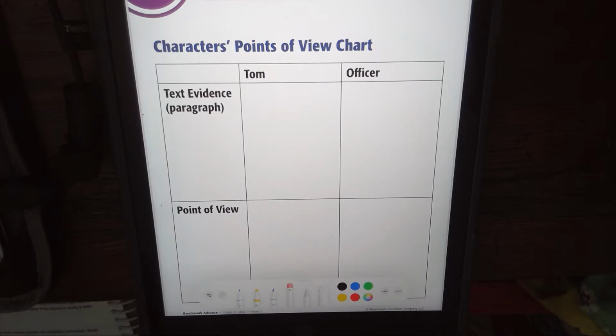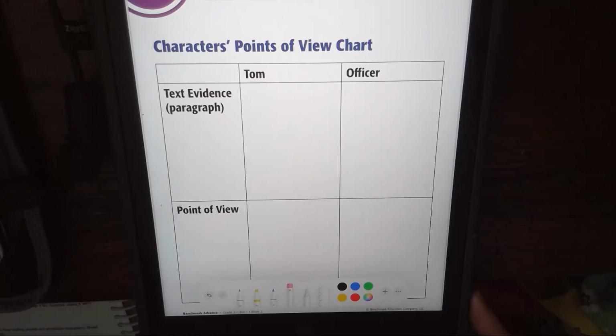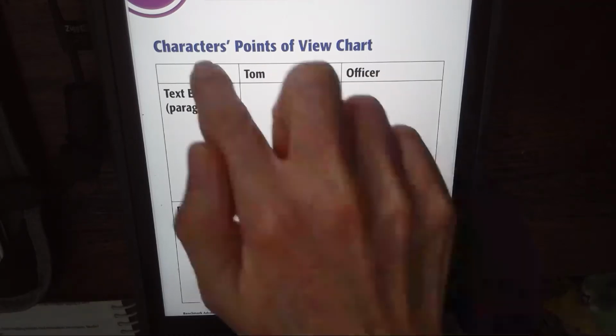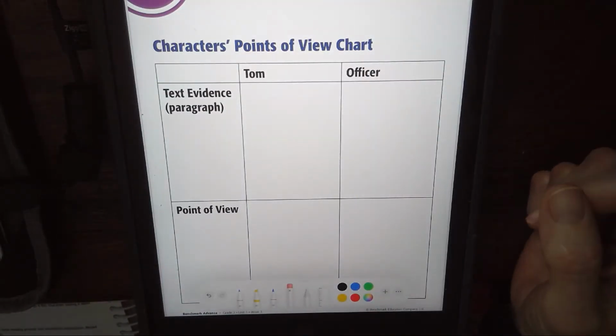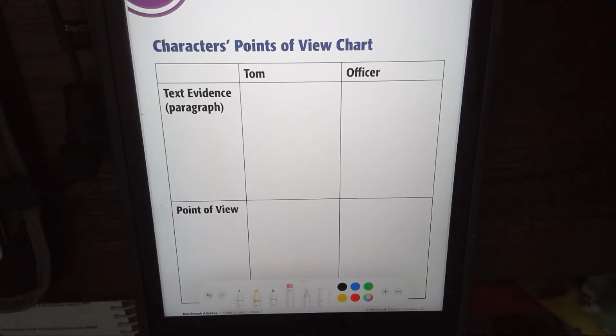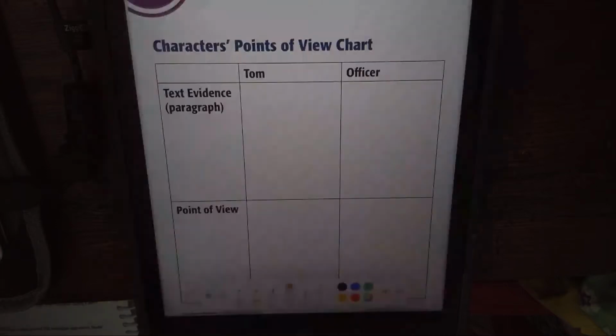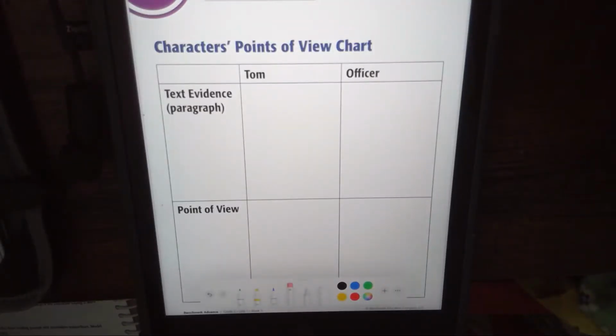So I have my iPad here, and I'm going to be working with my iPad like you can work on your iPad. This character's point of view chart is available as a PDF that you can click on. I have mine pulled up and ready for me to write on. So in order to do this, it tells us to read paragraphs 26 through 31 in our story.